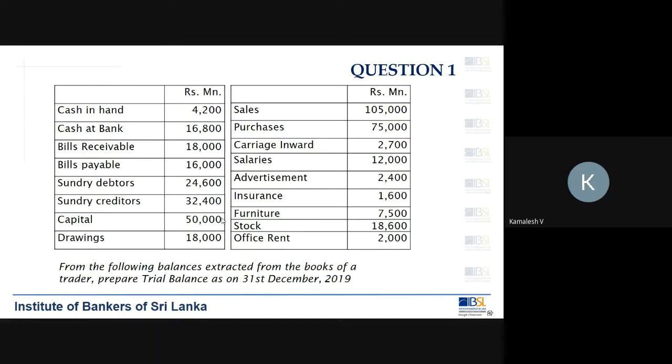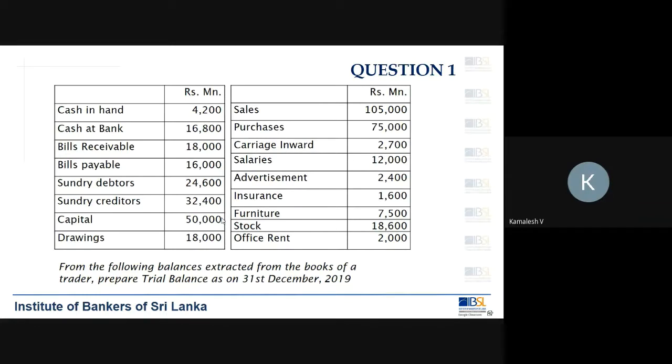Now let's say I am putting in 50,000 and starting up a business. But if I take 5,000 rupees or any amount for my own purpose, that 5,000 is a drawing, where I am withdrawing money from my business. So we call that a withdrawal by the owner.